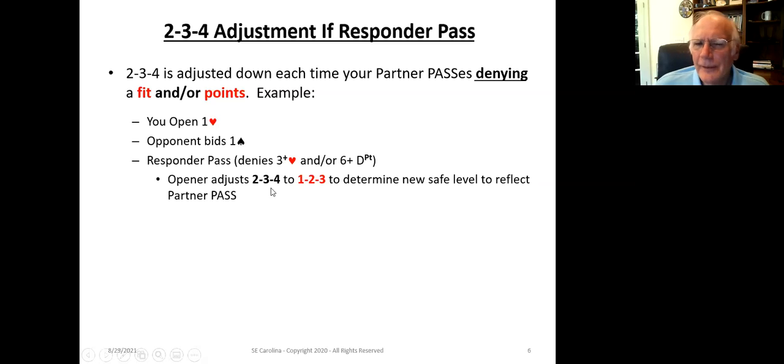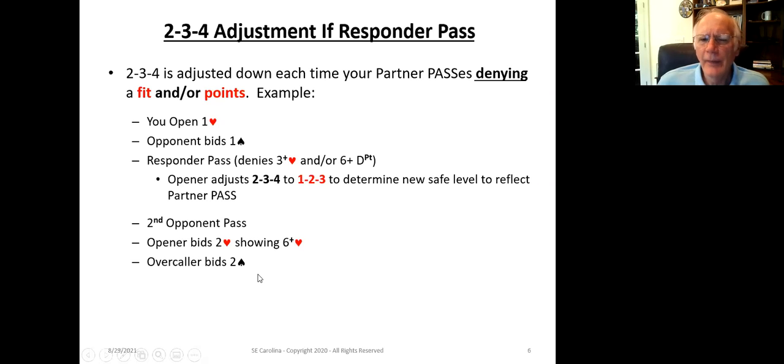Now, what that says, if you determined your overall safe level there before was 3, now you're going to decrement it to 2. So it's been decremented to 2 as the safe level to bid, and you've got what you consider a good 6-card suit. You bid 2 hearts. Still safe to bid 2 hearts. Now the opponent overcalls 2 spades, and your partner again denies having a fit.